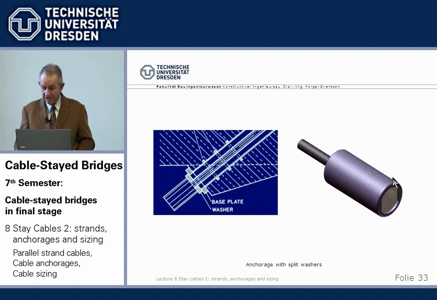Here we have what I mentioned more and more, the typical cylinder anchor head. That's for concrete or steel pulled through a steel pipe. And then we place some washers underneath the anchor head, Scheiben, Unterlegscheiben, then washers. Even split washers, Halbscheiben, which we can then put in.